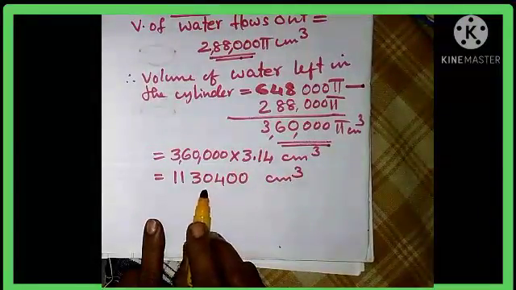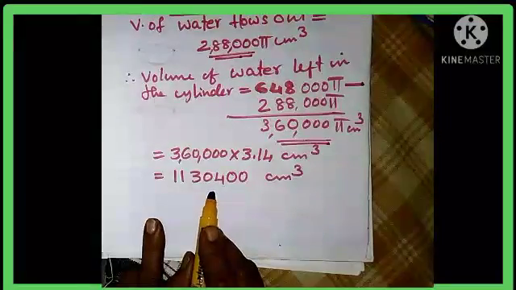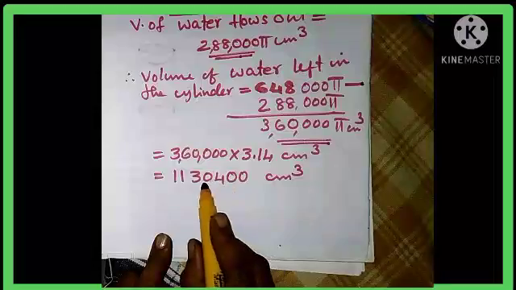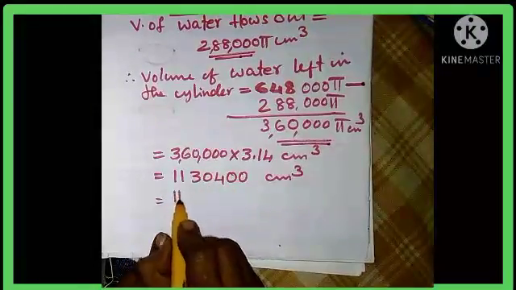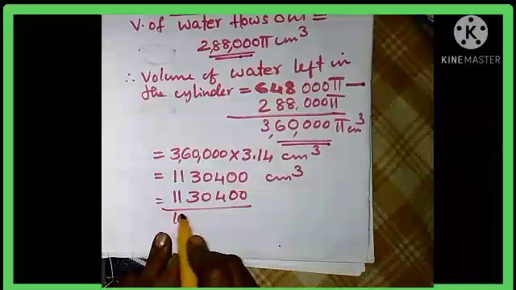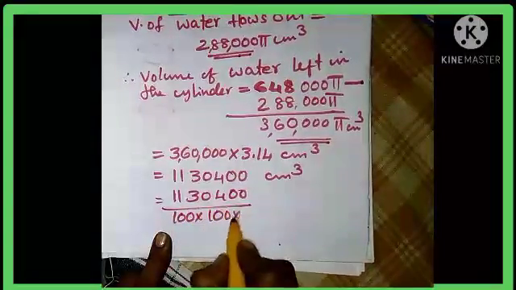Now we need to change this to meter cube. How can we change this to meter cube? Just divide by 100 three times, 100 into 100 into 100.